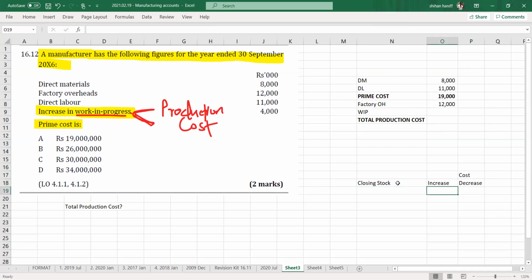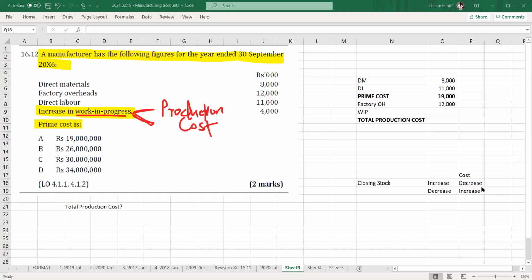If the closing stock decreases, the cost will increase. Right? So simply what you can understand is closing stock is having a negative relationship with the cost.